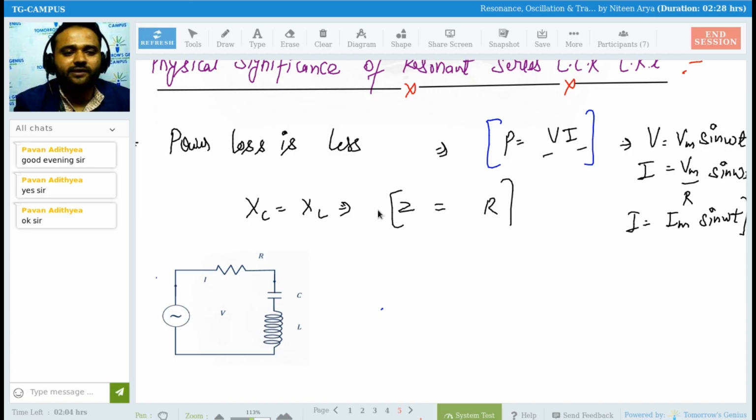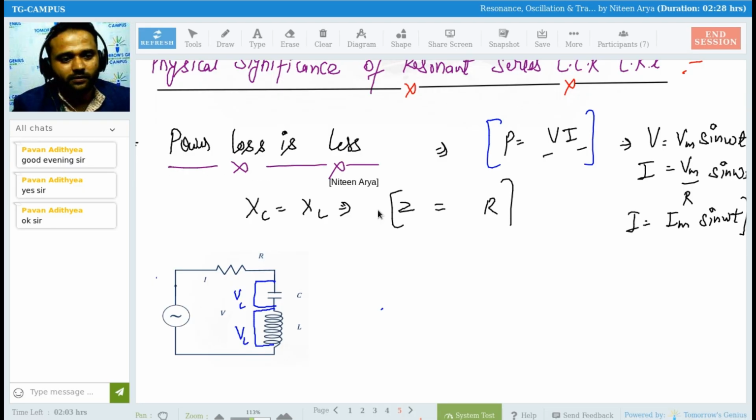I cannot lose power in this because it is a series LCR. Here we have voltage VC, here we have voltage VL. Because in series, voltage is divided, and when voltage divides, power is also divided, because power is VI. So I lose very little power in this circuit. Clear?